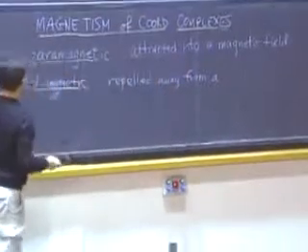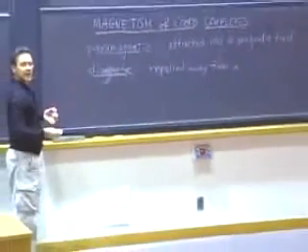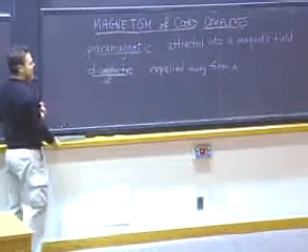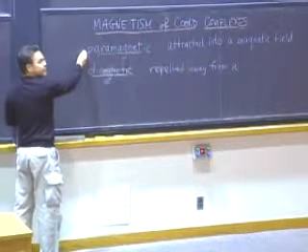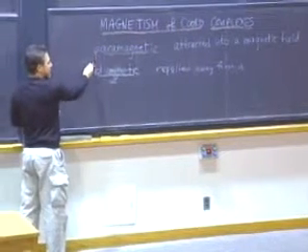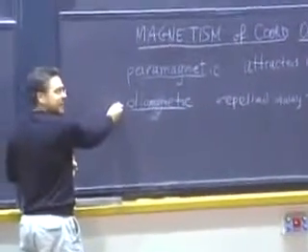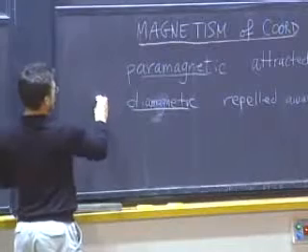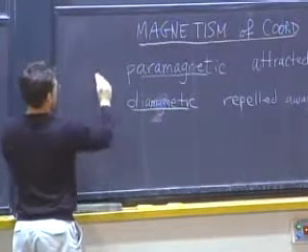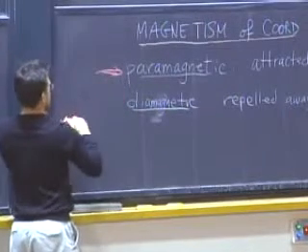And one thing that you should keep in mind is that the magnitude of paramagnetism is usually orders of magnitude greater than the magnitude of diamagnetism. This is much larger.